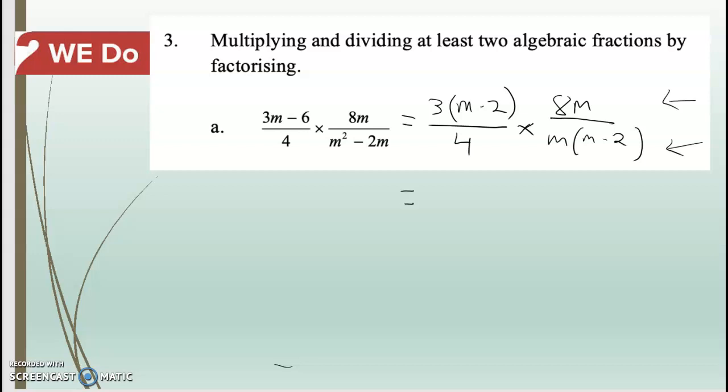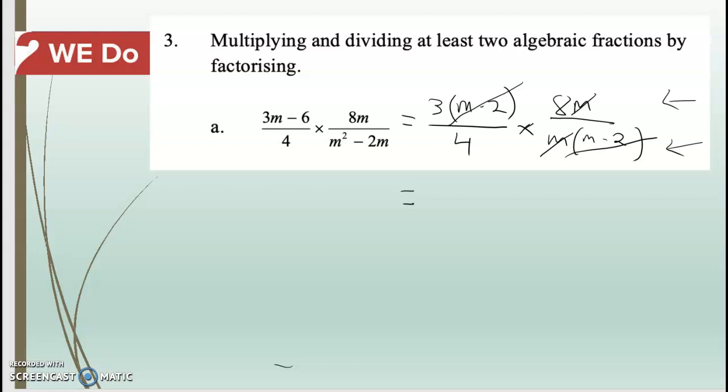So I can take the m minus 2 off there and cancel with that. I can cancel this m with that m. It's one m off the top, one m off the bottom.